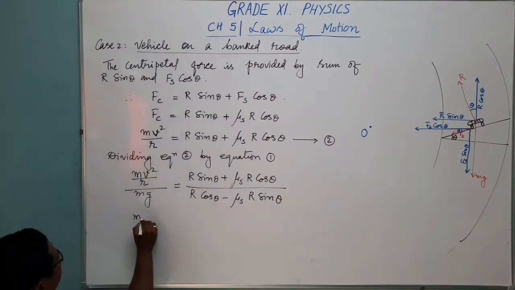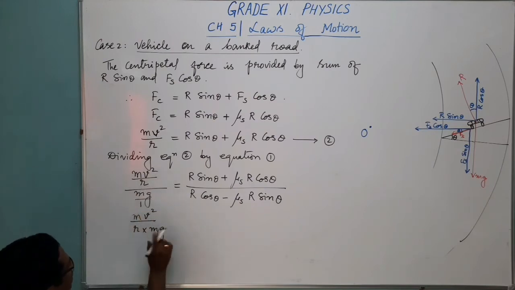This one, mv square divided by r into mg, we get upside down, come downside.